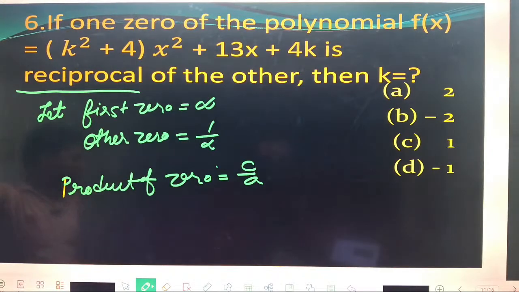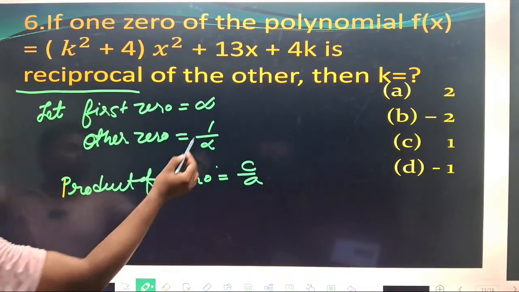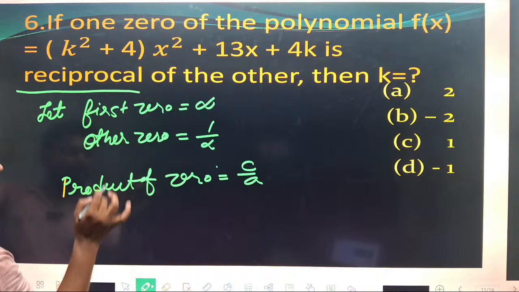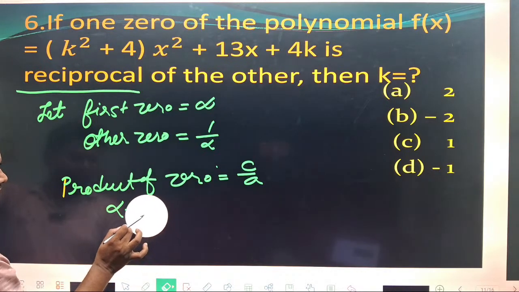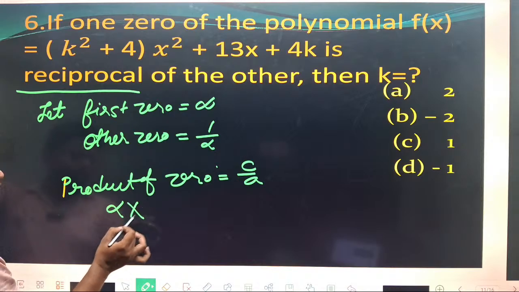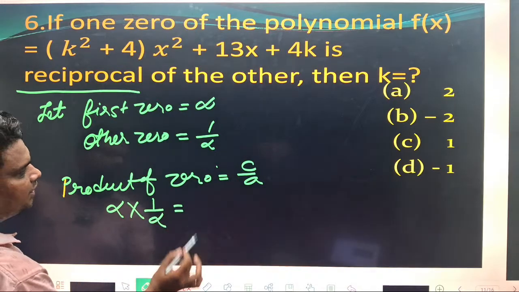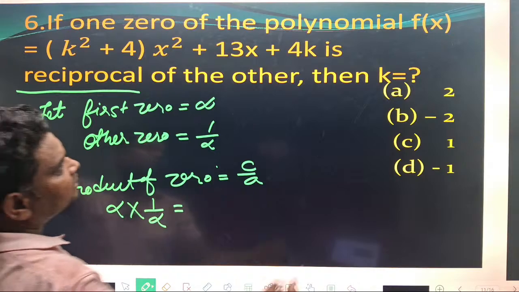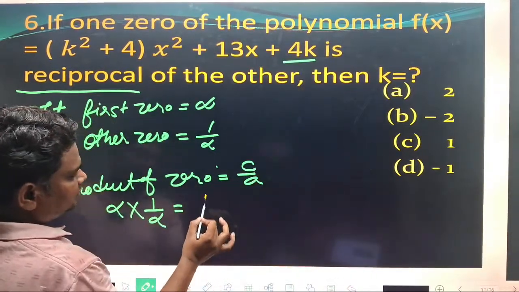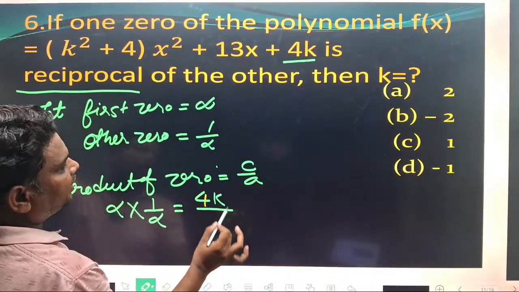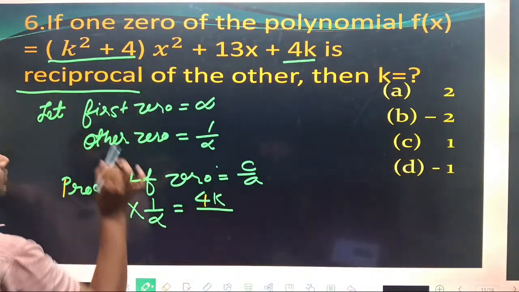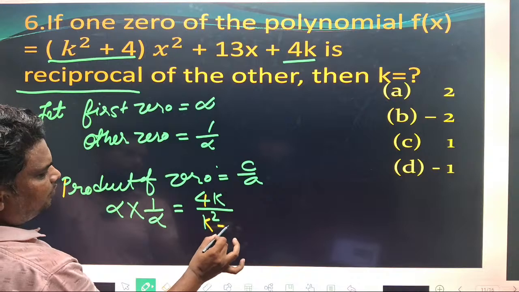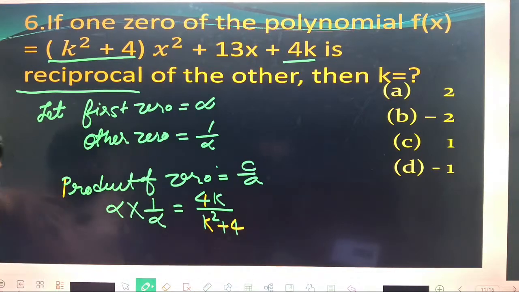The product of zeros, alpha multiplied by 1 upon alpha, is equal to c by a. What is c? C is 4k, and a is k square plus 4.